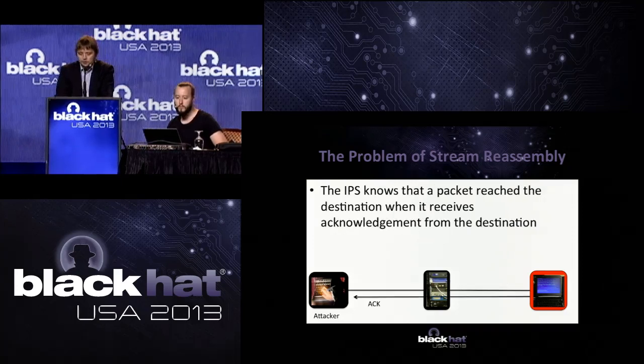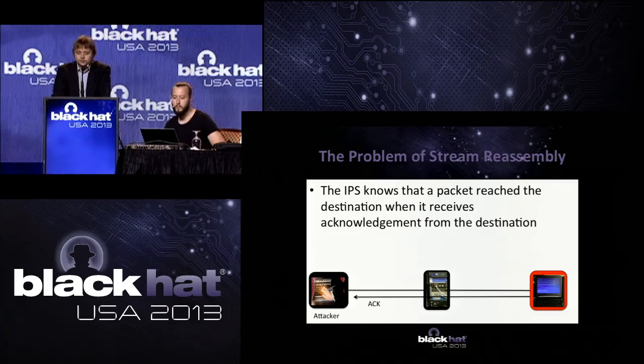The IPS knows that a packet has actually reached the destination when it receives acknowledgement from the destination. Only at the point that the ACK packet has been seen does the IPS know that the certain TCP segment actually reached the target host.